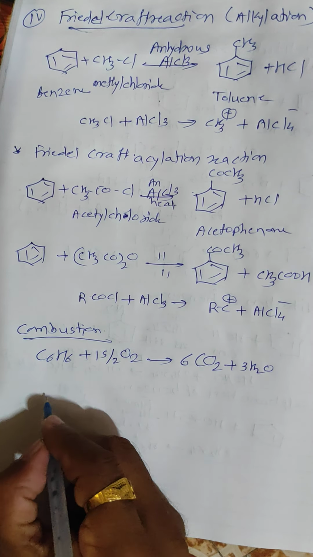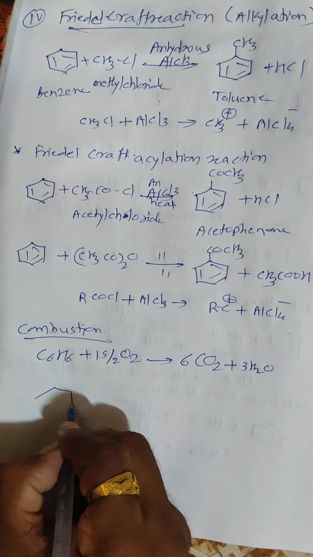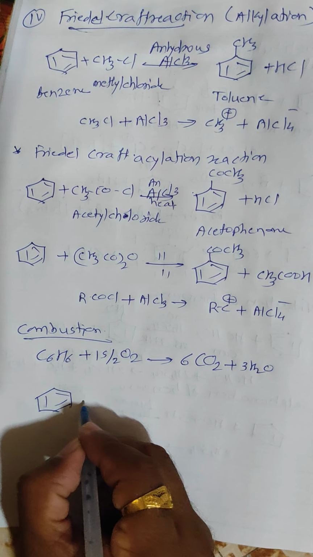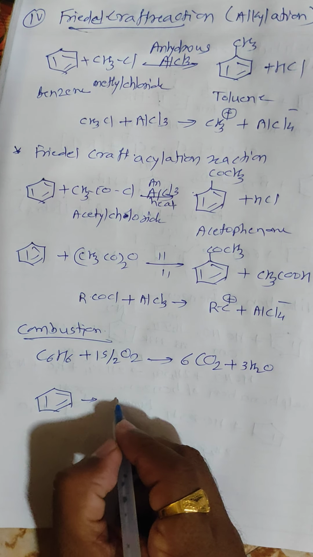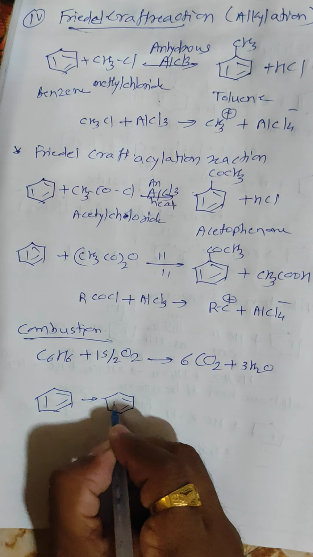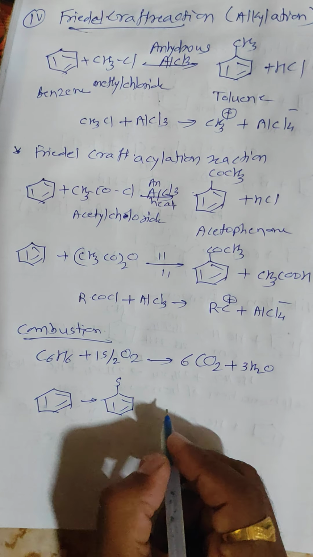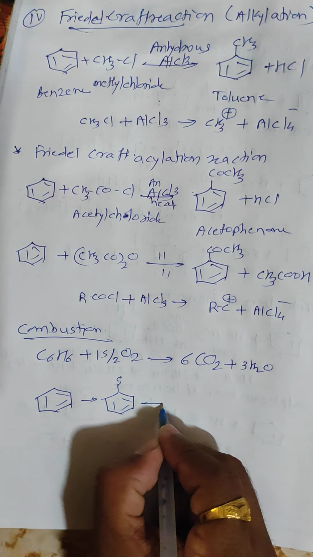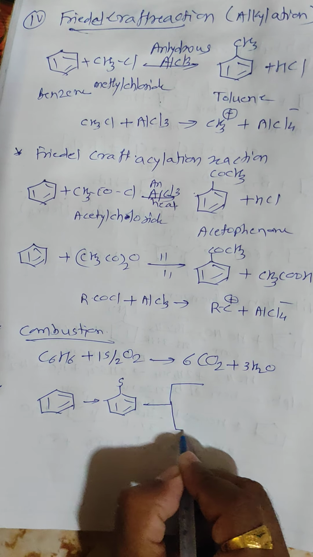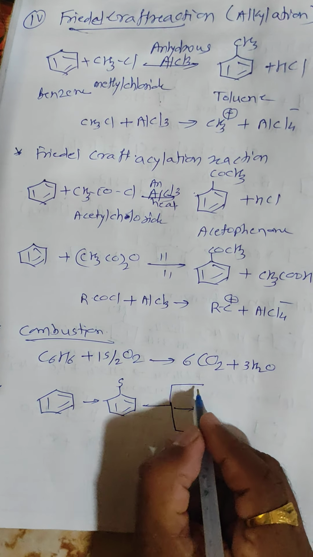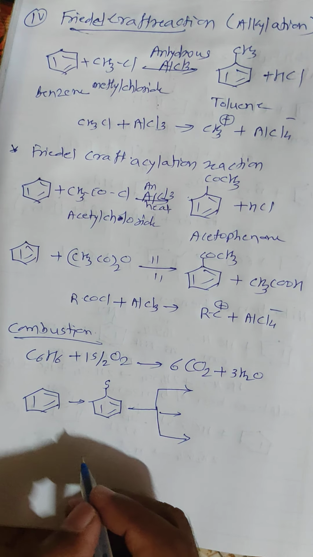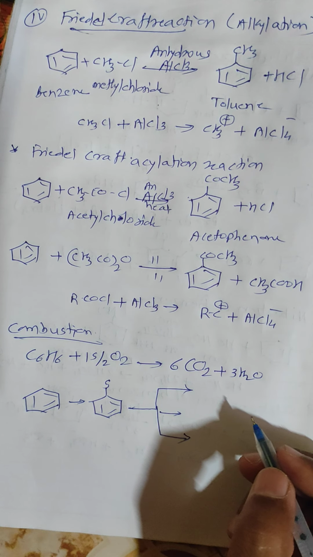Generally, we can write this: benzene gives the corresponding monosubstituted benzene, that is S, and this is further treated to give three products: ortho, meta and para.